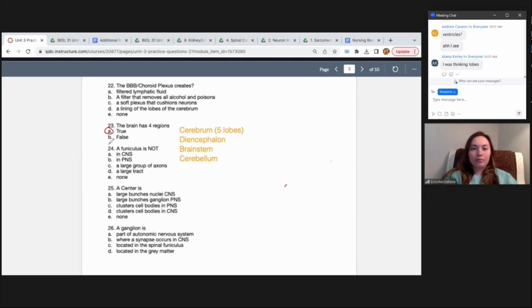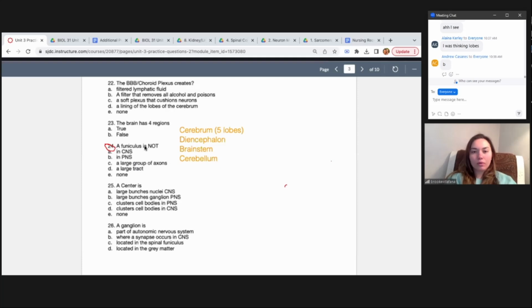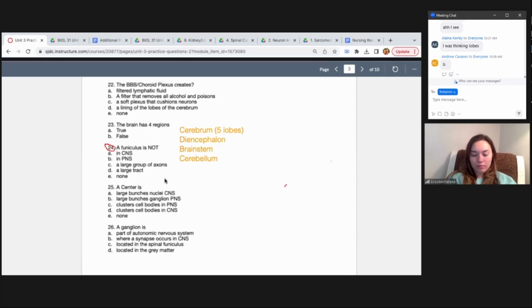Okay, question 24. A funiculus is not... Okay, so we know that the funiculus is a large group of axons, which is also called a large tract when it's in the CNS.